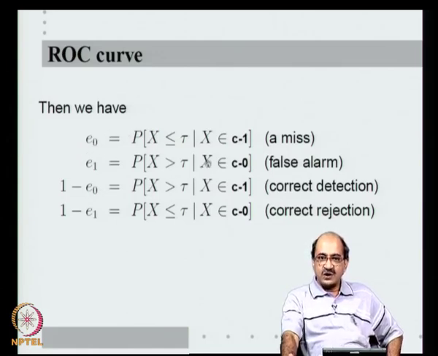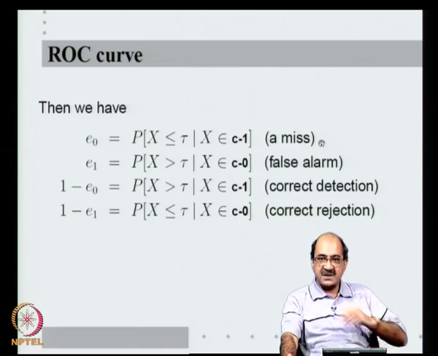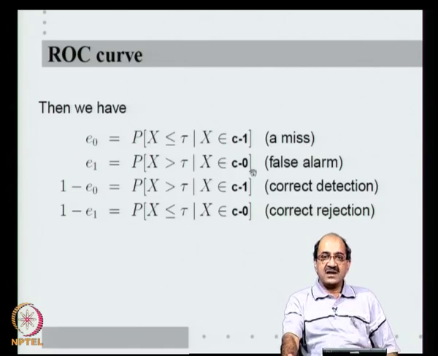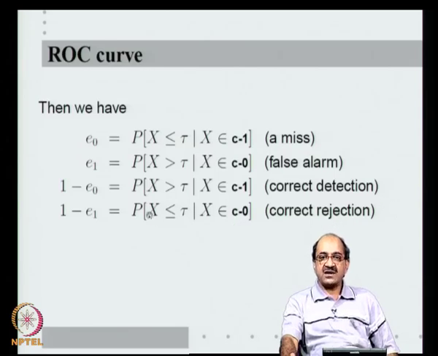If I call 0, that is I put it in class 0, whereas it actually comes from class 1, it is called a miss, a misdetection. Similarly, if actually there is no enemy aircraft but I call out a threat, then there is a false alarm. When there is an enemy aircraft and I call an enemy aircraft, there is a correct detection. If there is no enemy aircraft and I say there is no enemy aircraft, there is also a correct detection.